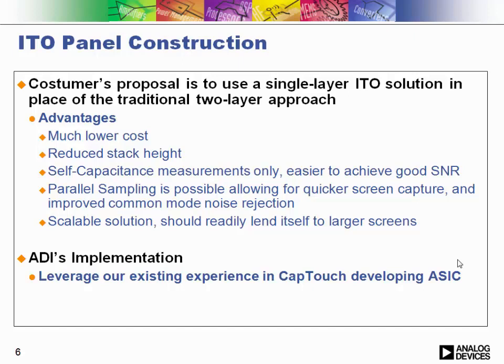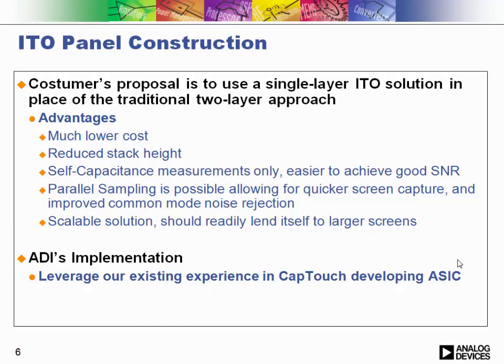This customer wanted to build a single layer ITO. So we measure capacitance to ground, whatever that ground is, and when you put your finger down, that changes, and we measure the change. Having a single ITO has certain advantages, like lower cost and reduced stack height. When you build your module with more layers, the height is higher, so it's bulkier.